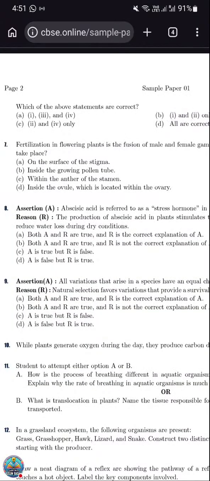Remember this question. Remember these points. Both are correct. This kind of point you are not getting in your NCERT, neither in the study material. So this is a different question which we got in this paper. Here both assertion and reason are correct, and reason is the correct explanation for the assertion.